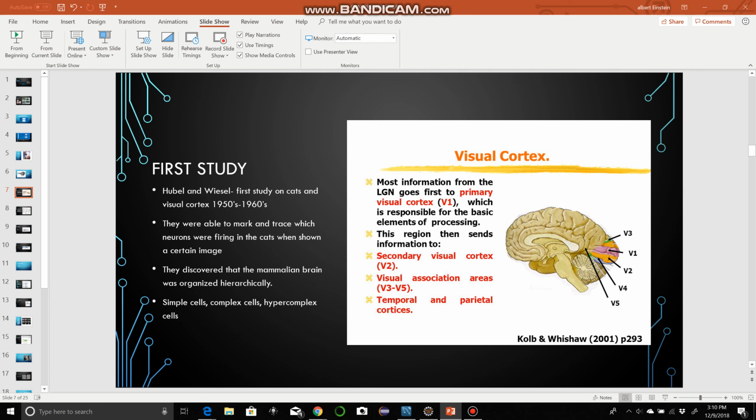And then they could see that the brain was divided up into what they call simple cells, which would be just straight edges of certain things, and if they held the image on its side, complex cells would fire off. This could be an indication that these complex cells processed images that were diagonal in nature, or upside down, and then hypercomplex cells would be a combination of those two.